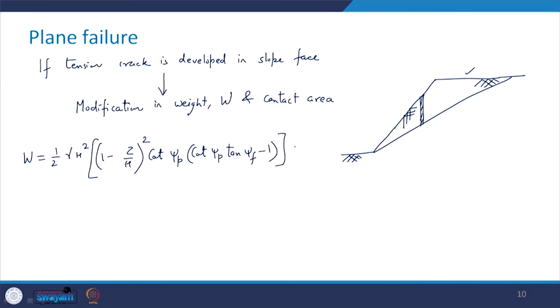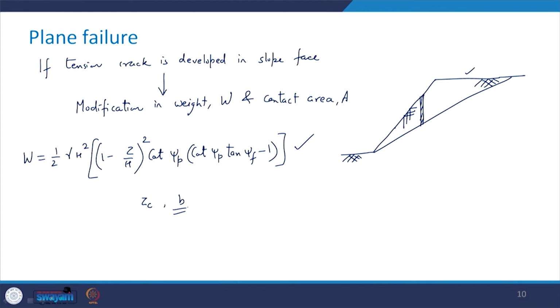So, this is how the weight W can be derived, and accordingly you can find out the contact area A and then use those expressions as we did in the earlier case and obtain the critical depth of the tension crack and its location as well.